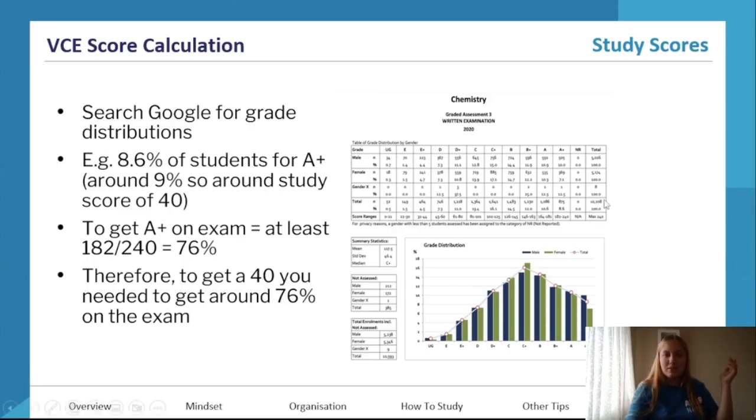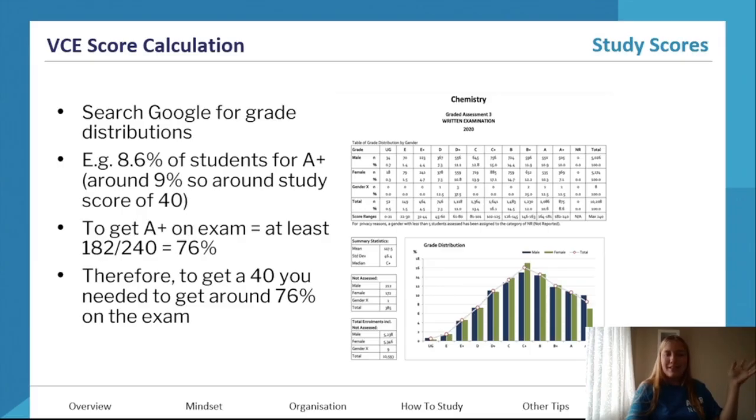But the other thing you can do is see how many students you're on average competing against for each subject. So how many students are going to be getting their own respective marks and taking up spots in this grade distribution, right? So we see that for chemistry, there's about 10,200 students in total doing the subject that year, 2020.